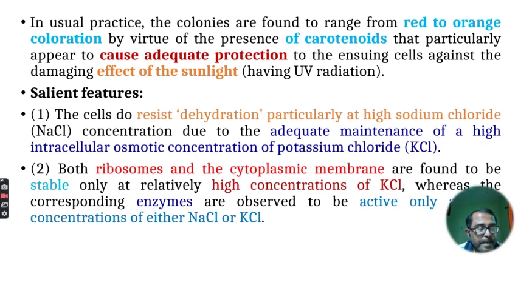Inside this halophilic bacteria, there is a presence of high concentration of potassium chloride, while outside the bacterial cell, there is a presence of high concentration of sodium chloride. So, by maintaining this high concentration of potassium chloride, it resists the dehydration which is caused by this high sodium chloride concentration.